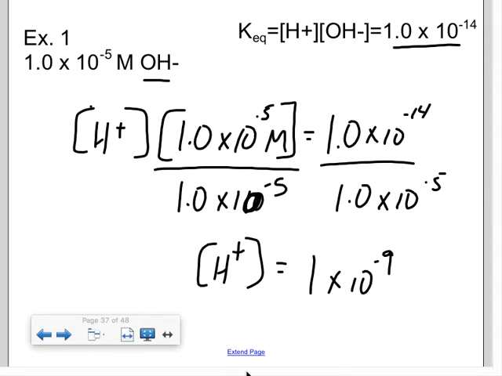If you add negative 9 plus negative 5, you get negative 14, so this works out. That would be your answer.